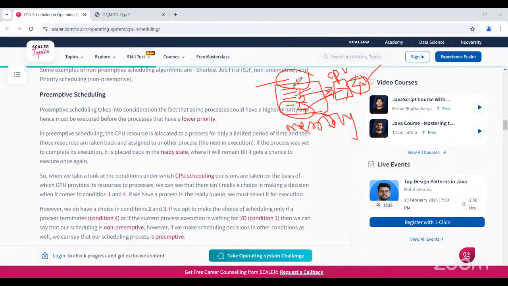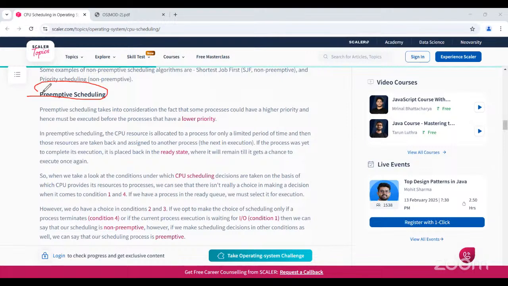Here, the number 4 is greater than 1, so priority one is lower than four. That is the reason four will be executed first and one will be executed last. So this is the preemptive scheduling.